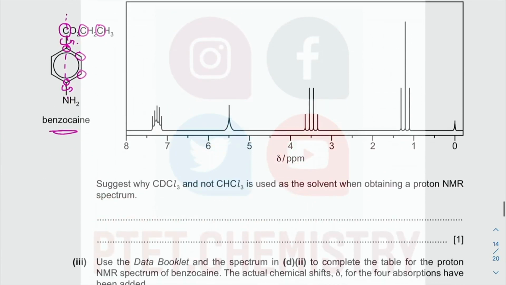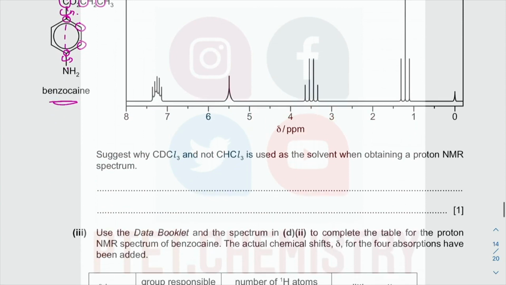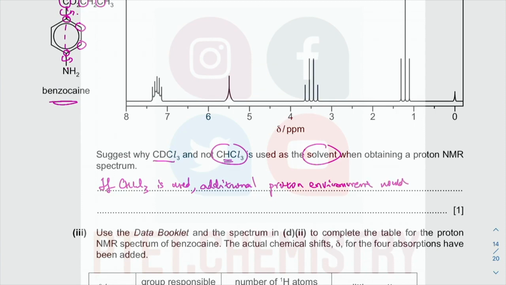So now this is the proton NMR. Why do you use CDCl3? Why not CHCl3? Well, this is a solvent. If CHCl3 is used, an additional proton environment would be observed.